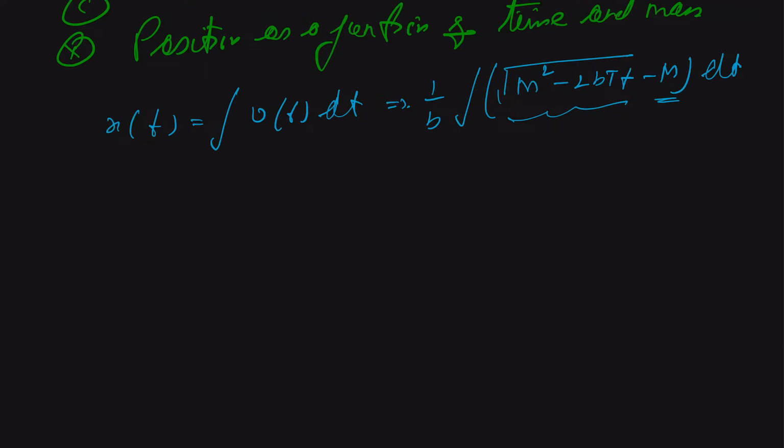So we have the square root of m² minus 2bt.